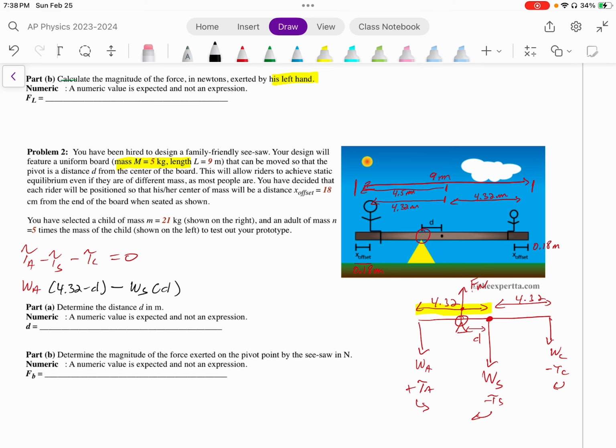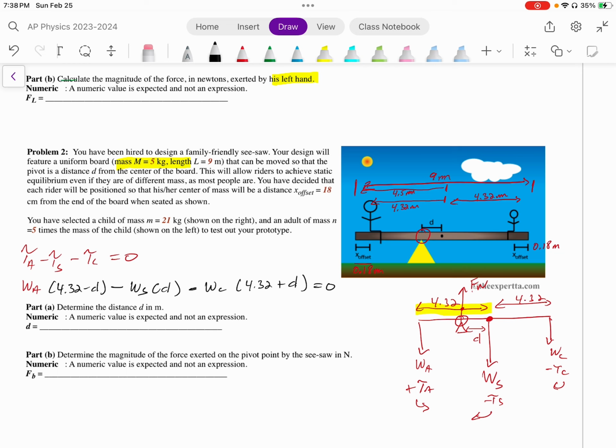By the way, the angles are all at 90 degrees, so that's why I'm not talking about sine 90. Minus the weight of the child times the distance away from the axis of rotation, which in this case is 4.32 plus d, okay? So all of that equals 0. Now I can solve it for the only thing I don't know, which is d.